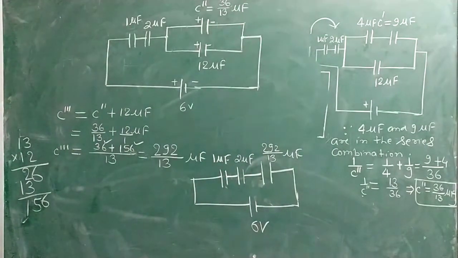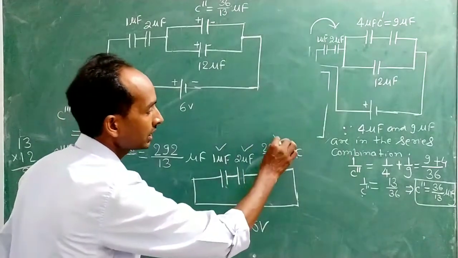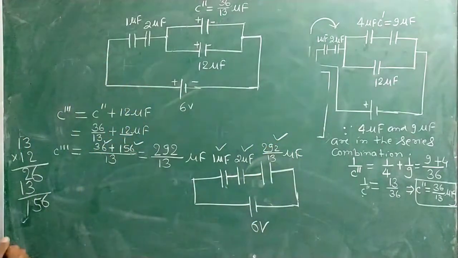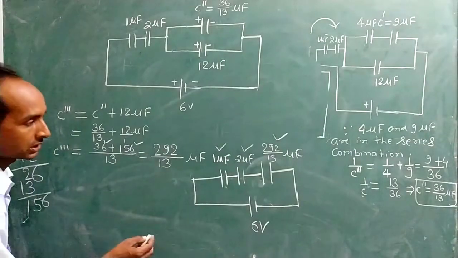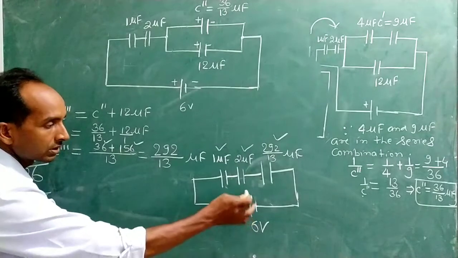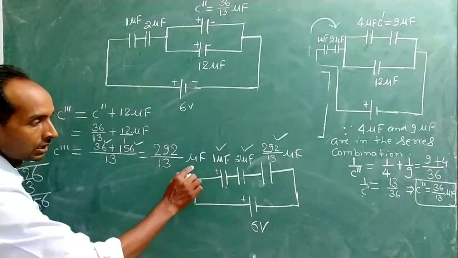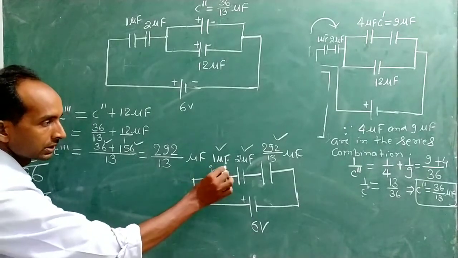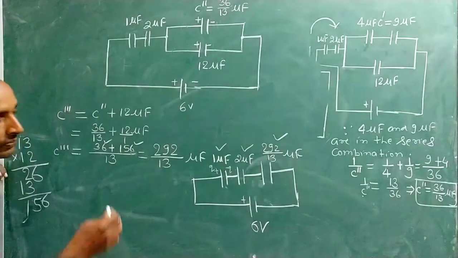Now we see that all these capacitors, 1 microfarad, 2 microfarad and 192 divided by 13 microfarad, are in series combination, because if the charge on this plate is plus Q, then this will also be plus Q, this will be minus Q, plus minus plus minus.